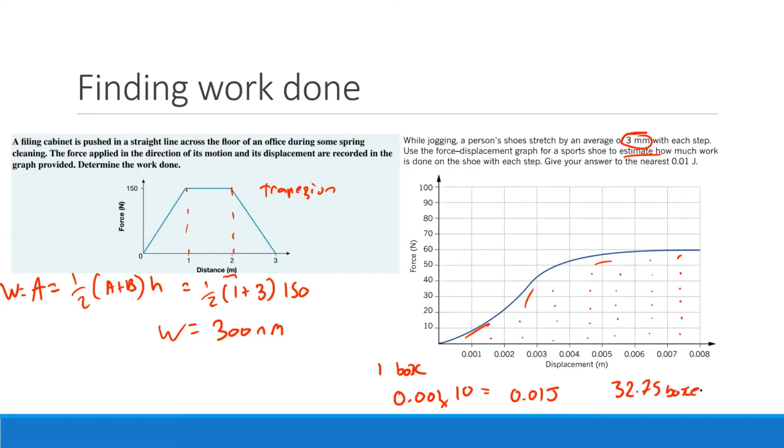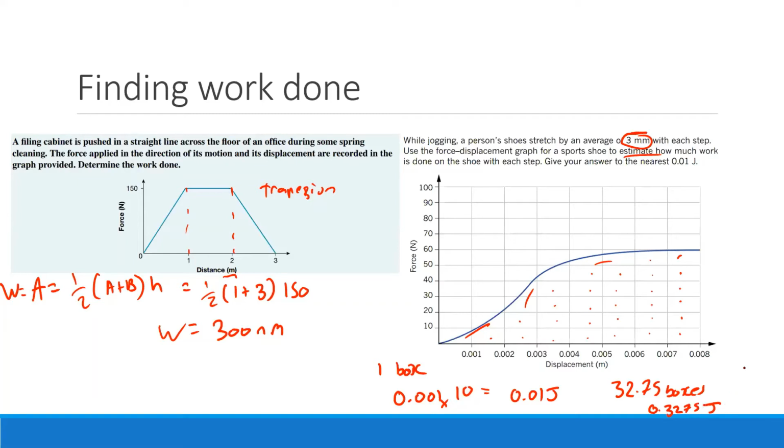So if I go 32.75 times 0.01, that means we've got 0.3275 joules. And that's my guess.